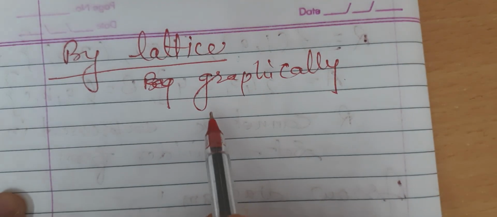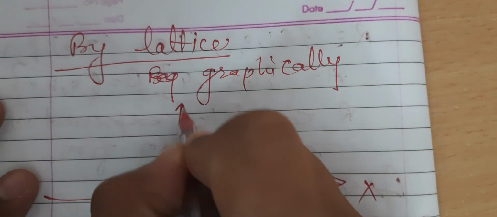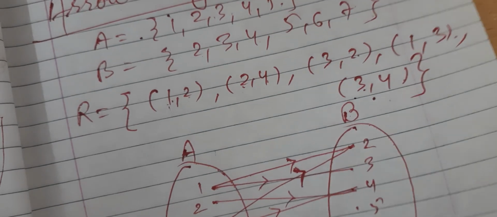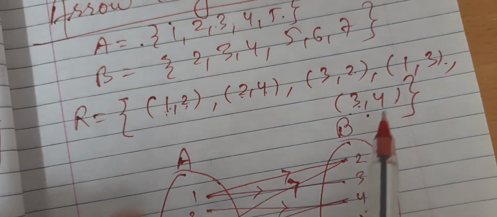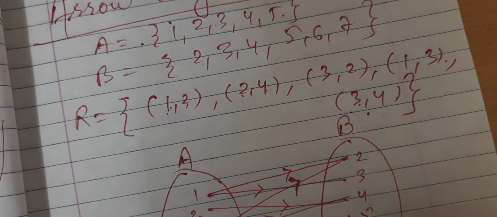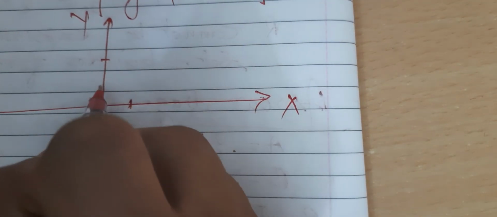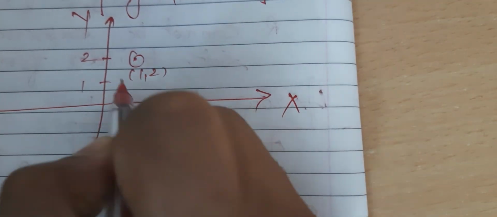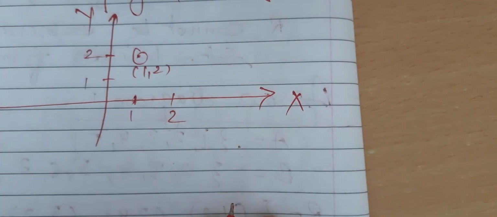Since we need to represent it graphically, we need a graph with an x-axis and y-axis. Taking the same relation, (1,2), (2,4), (3,2), (1,3) and (3,4), you already know from class 10 how to represent a point in two-dimensional geometry. So (1,2): 1 is here, 2 is here, so (1,2) will be here. In this way we can also represent a relation graphically or by lattice.